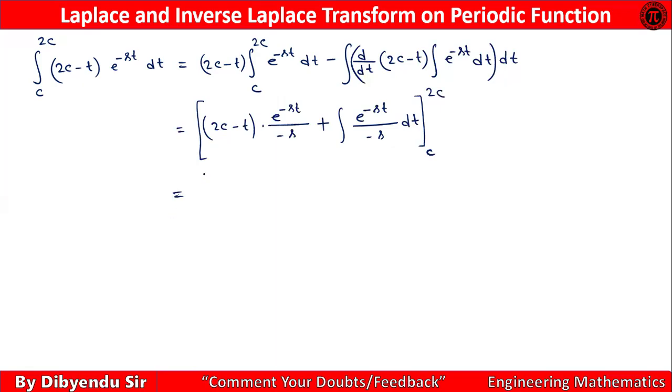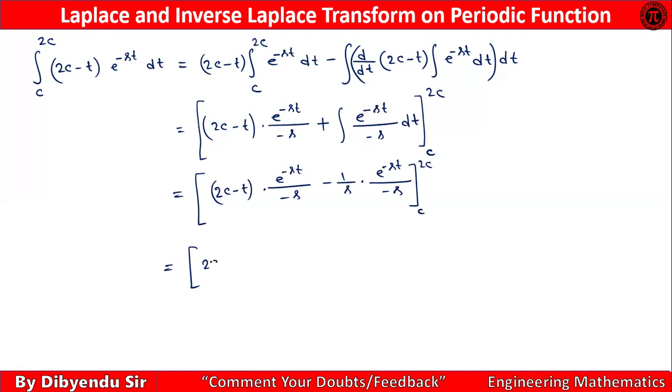So this is equal to (2c minus t) into e to the power minus st divided by minus s, plus minus minus 1 by s into e to the power minus st divided by minus s, c to 2c.